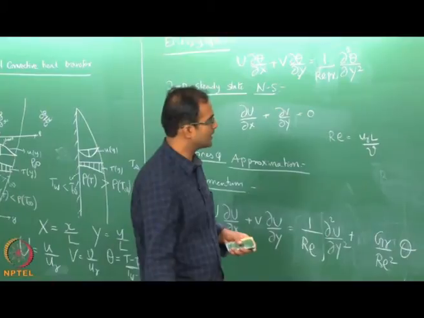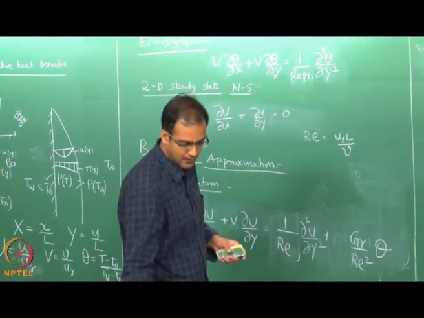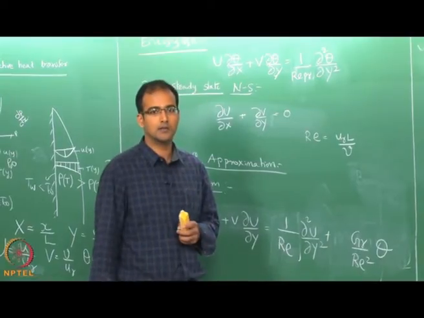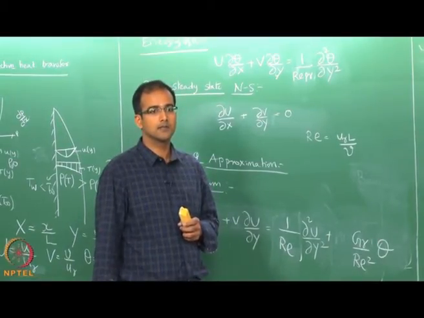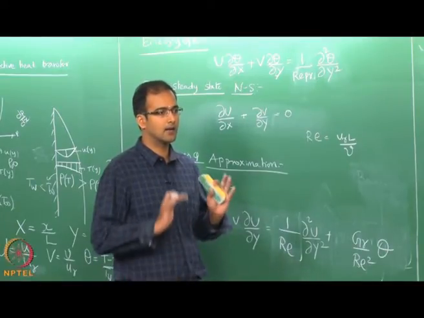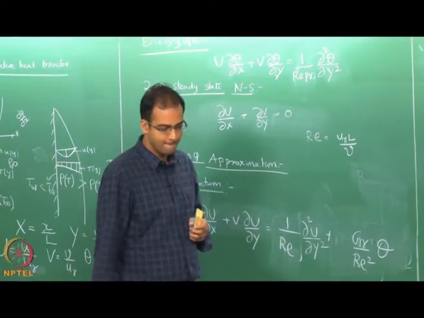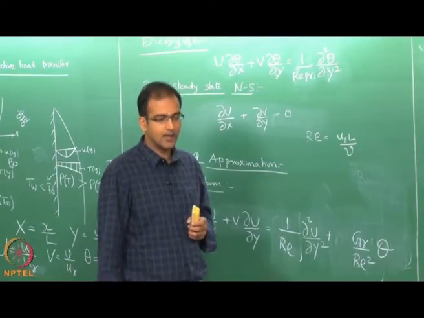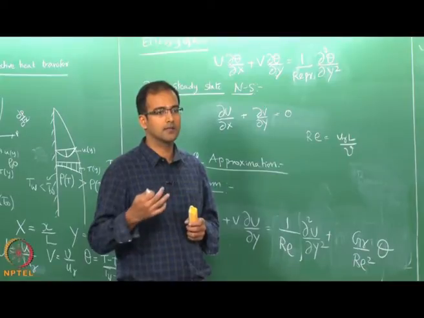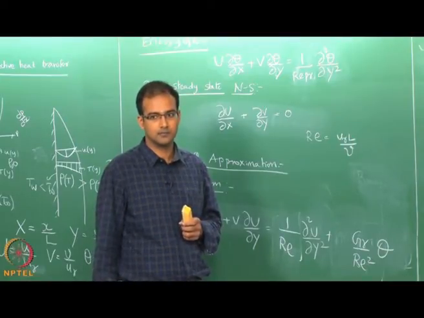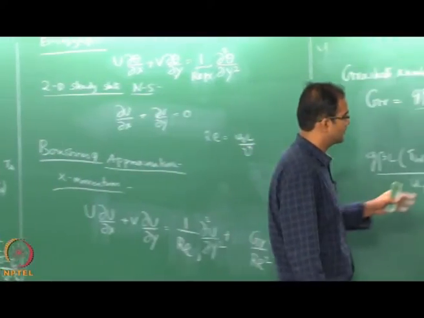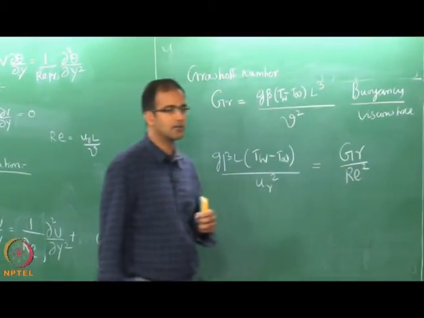Okay. So, in the process we have therefore defined a new non-dimensional number which is very much relevant to natural convection, which is now called the Grashof number, ratio of buoyancy to viscous force, analogous to the Reynolds number. Now, from this can we estimate what is the order of the reference velocity? Okay. So, what is the equivalence of Grashof and Reynolds number?